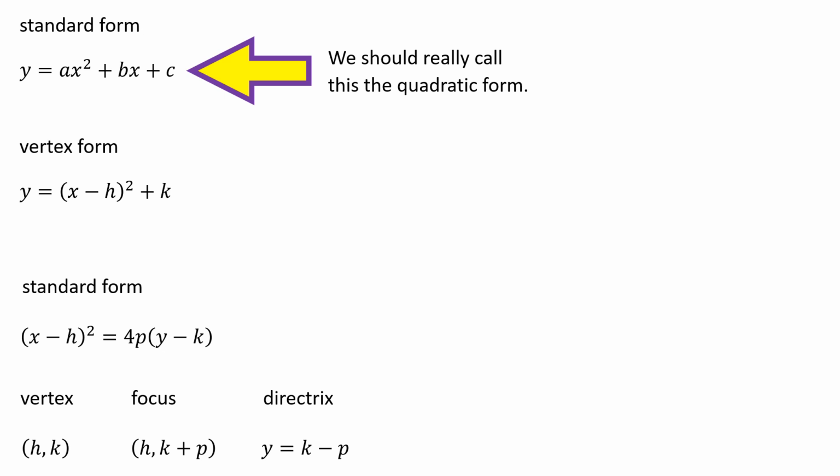The directrix is a line, so I have the equation of a line. Since it is a horizontal line, y equals k minus p, right? Where k and p are both constants, right? There's no variable because the slope has to be 0. And then for the axis of symmetry, well, it's got to be a vertical line that goes through both the focus and the vertex. So the equation of the vertical line has to be x equals h.